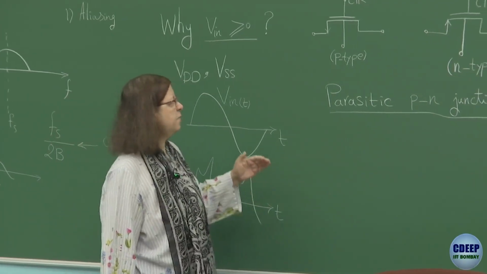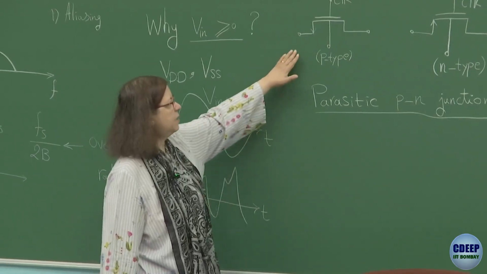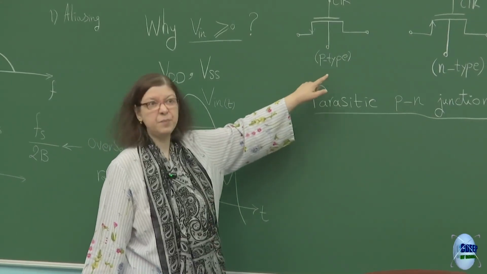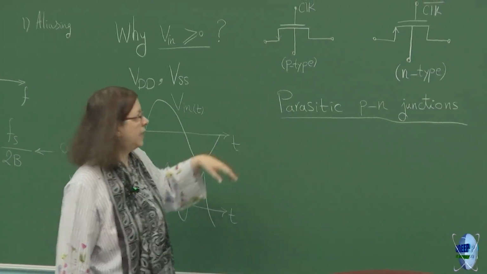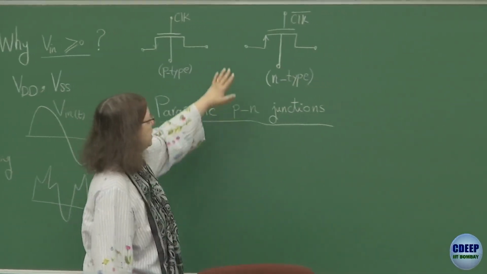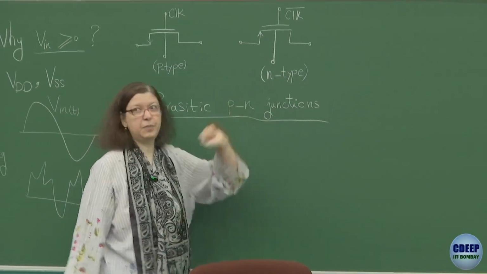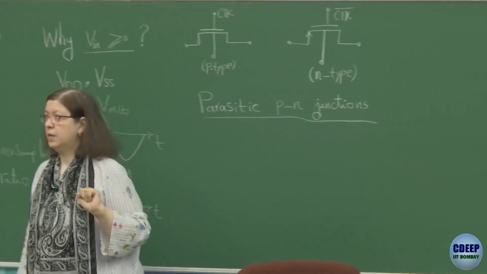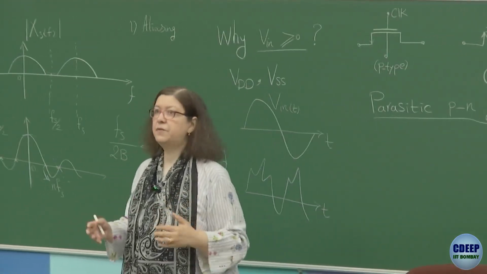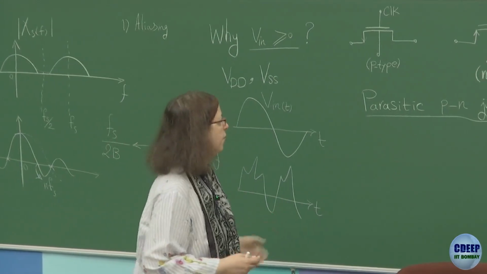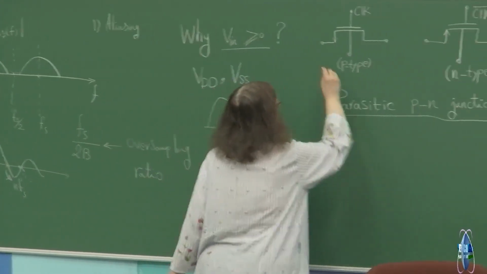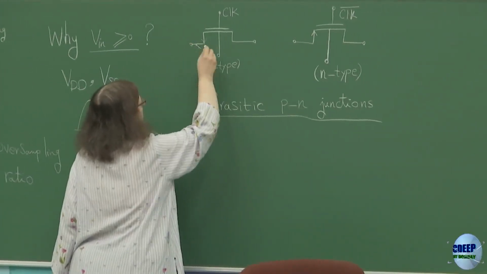So, for example, for an N-channel MOSFET, you have a P-type bulk, and for the P-channel MOSFET, you have an N-type bulk, while source and drain are different from the bulk. Therefore, you have right away two parasitic PN junctions over here.